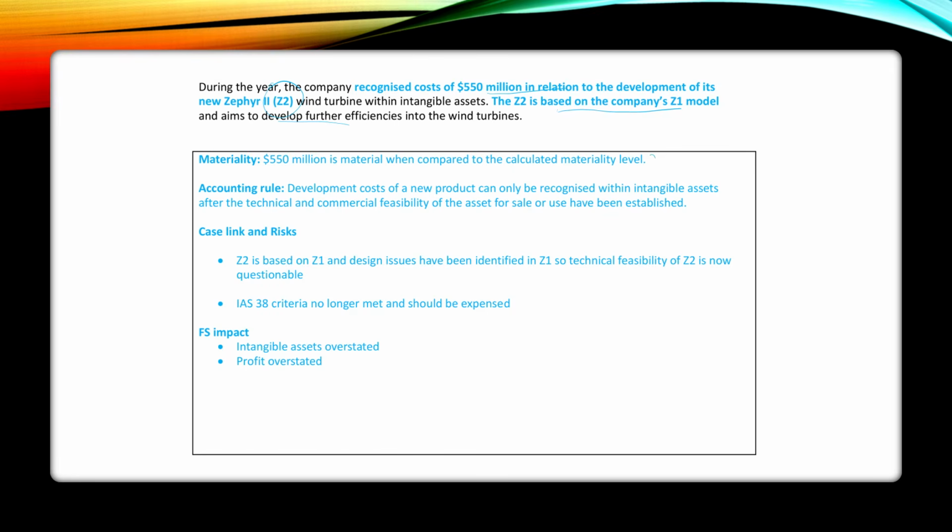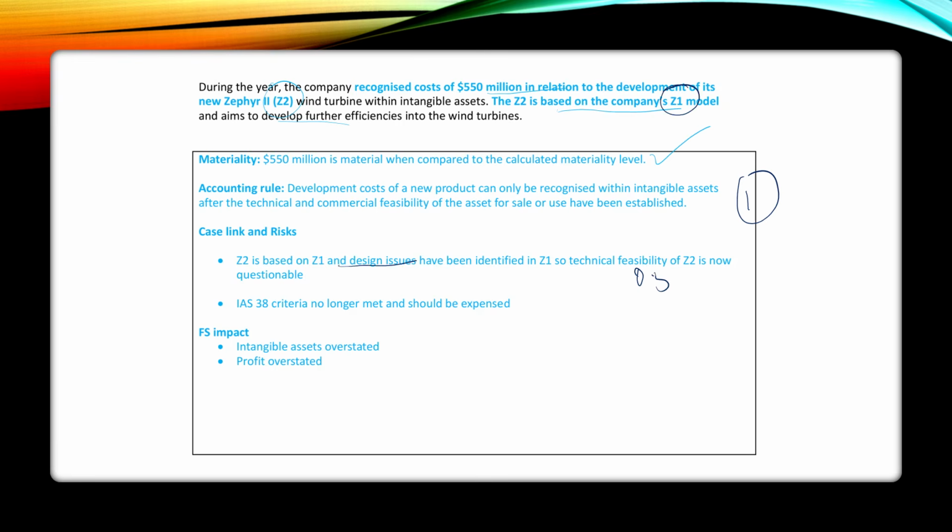I start off by commenting on materiality because there's a number given. I can say it is material based on my threshold. I get a mark for the accounting rule that development cost can only be recognized when the criteria have been fulfilled, which includes probable economic benefits, technical and commercial feasibility, etc. The risk is that it's based on Z1, and this has design issues.